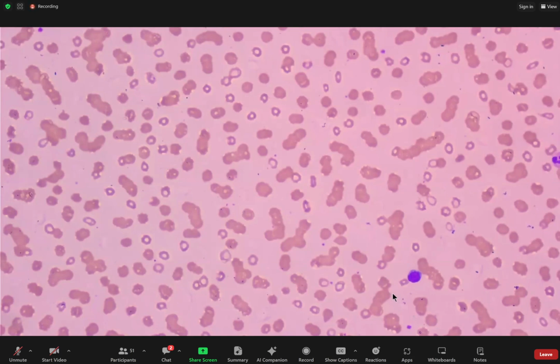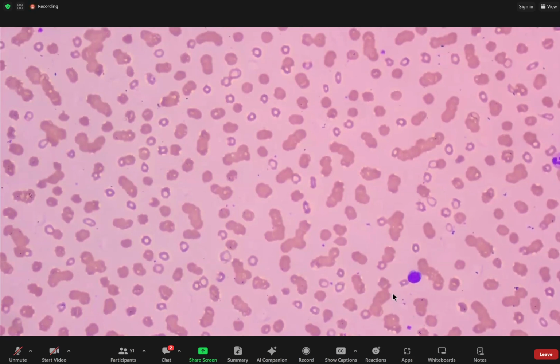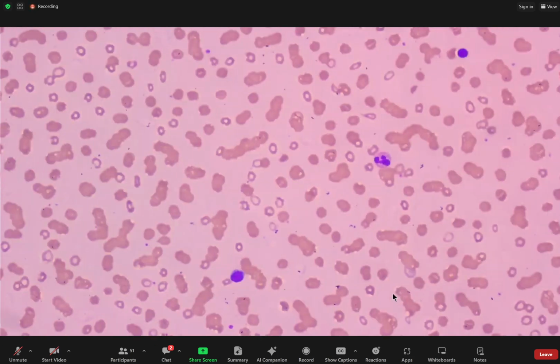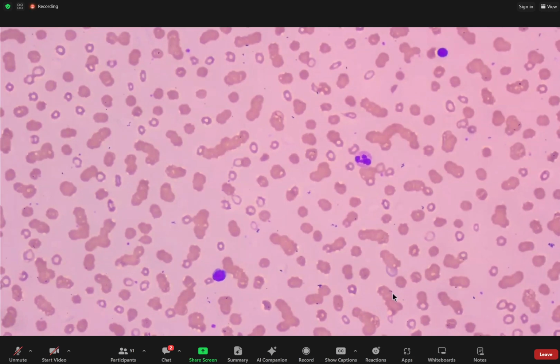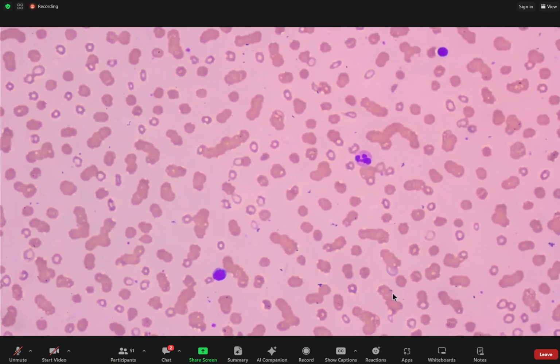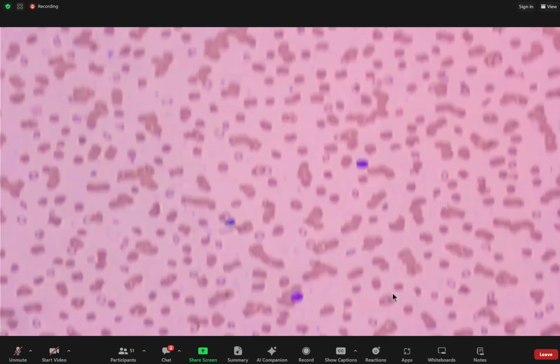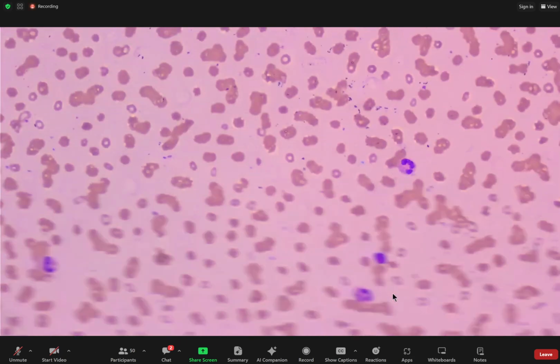Can you see the rouleaux formation? These are neutrophils and two lymphocytes.